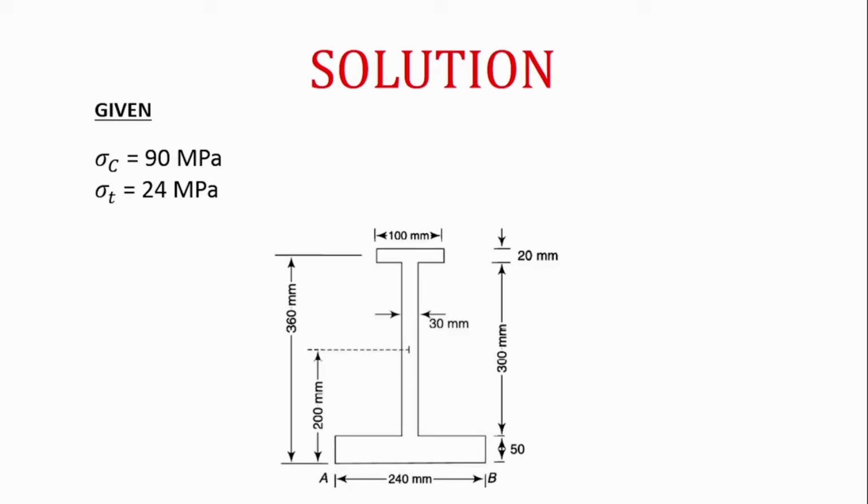You can see that the tension flange is at the bottom, 240 by 50. The compression flange is at the top, 100 by 20, all in mm. And the web, which is 300 by 30.